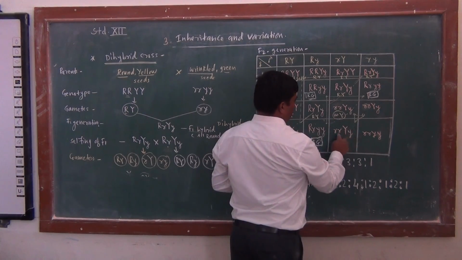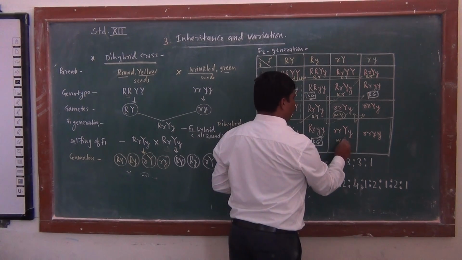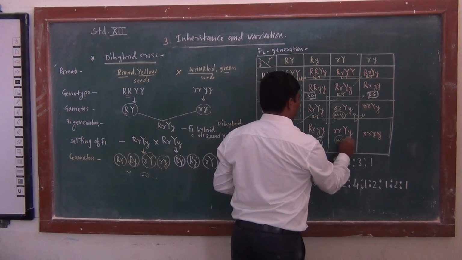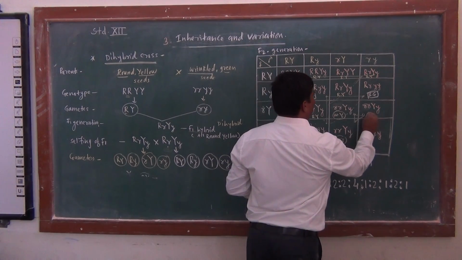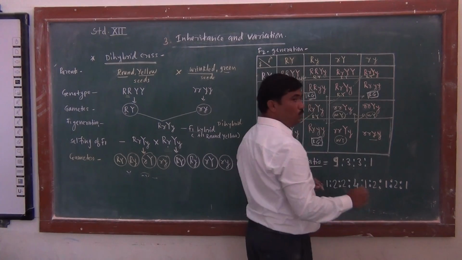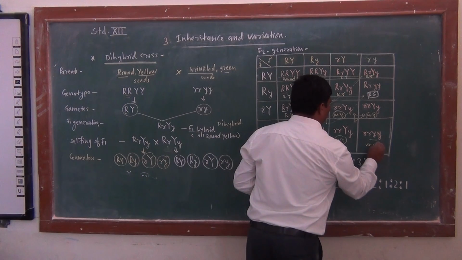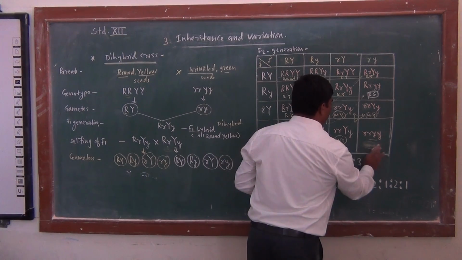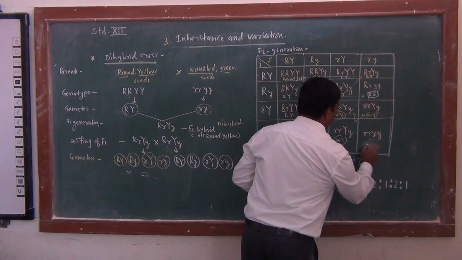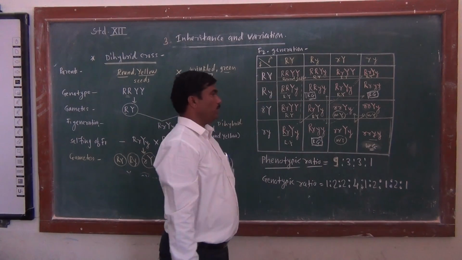Then this individual, small r for wrinkled, capital Y for the yellow. Wrinkled yellow. This again wrinkled yellow. And these are the homozygous recessive. These are the wrinkled green. Okay, these are the wrinkled green individuals. Only one wrinkled green individual is formed.